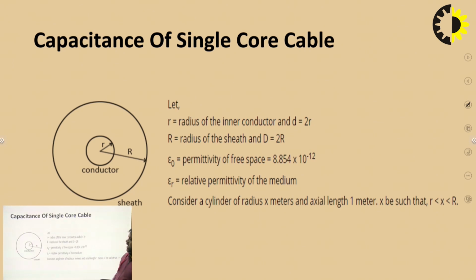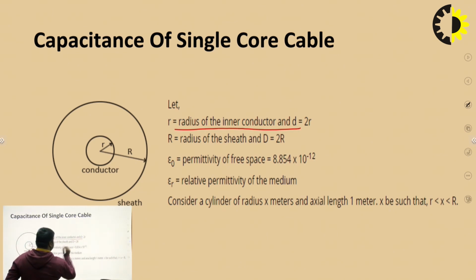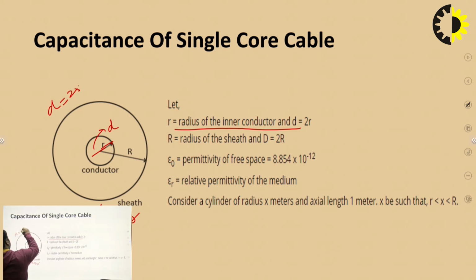Now if we see the capacitance of a single core cable, let small r equal the radius of the inner conductor, and d equals 2r, so r equals d by 2.